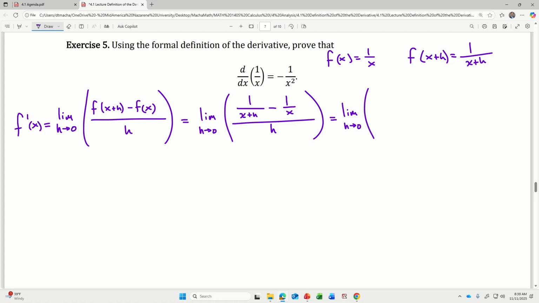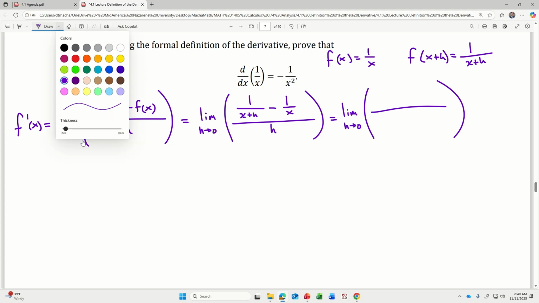If we do, we get 0 over 0. It's not good. So what do I do instead? Expand out. I like the common denominator. There you go. I need to find a common denominator.